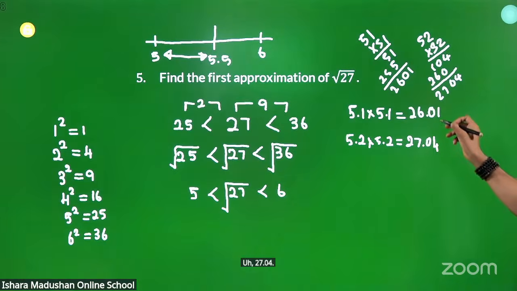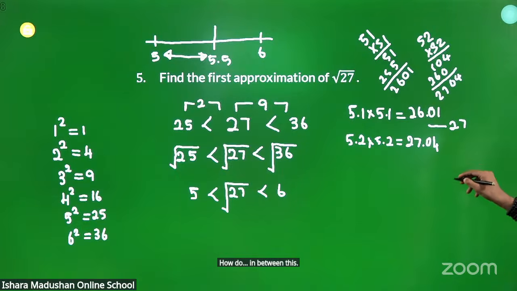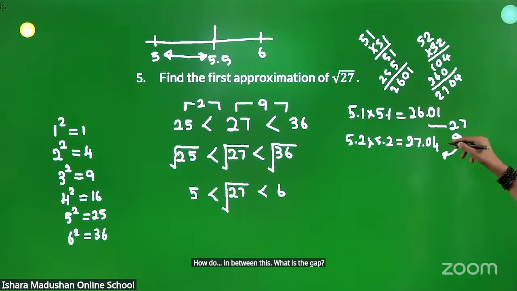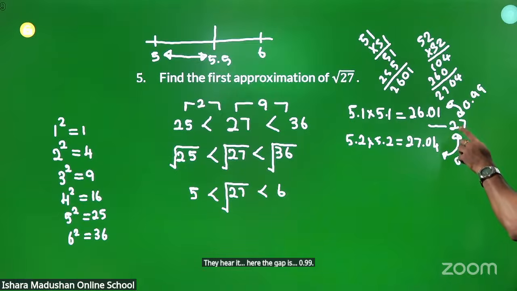So here you can understand that 27 is in between these. What is the gap? Here the gap is 0.04. Here the gap is 0.99. So 27 is very close to 27.04.